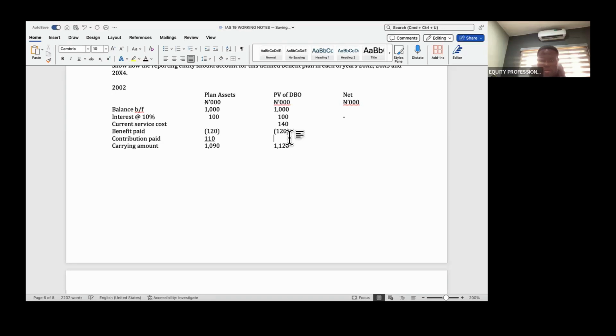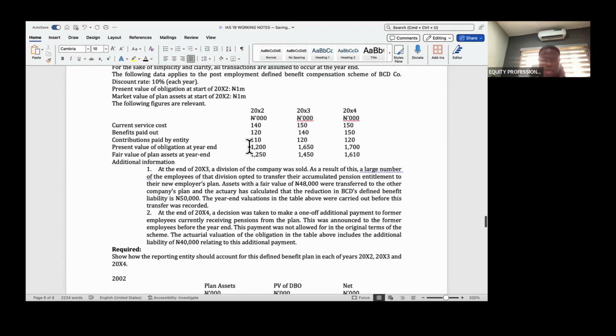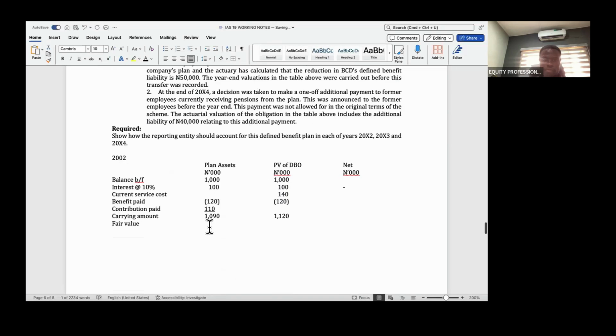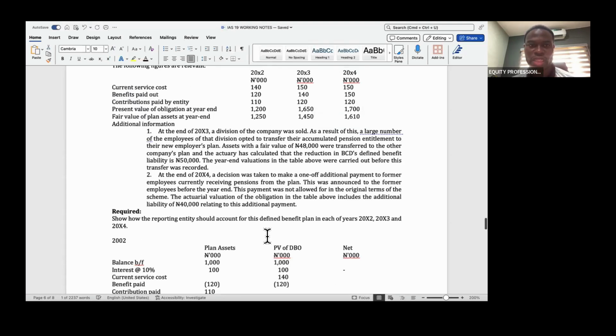Okay. The fair values given to us in 20X2: obligation 1,2.., assets 1,150. So the difference is how much? 50. And in this case now the asset is higher. So this becomes a surplus or a net defined benefit asset.